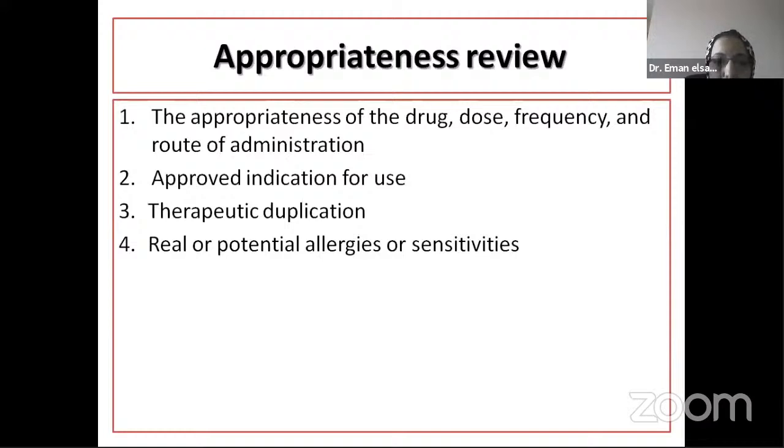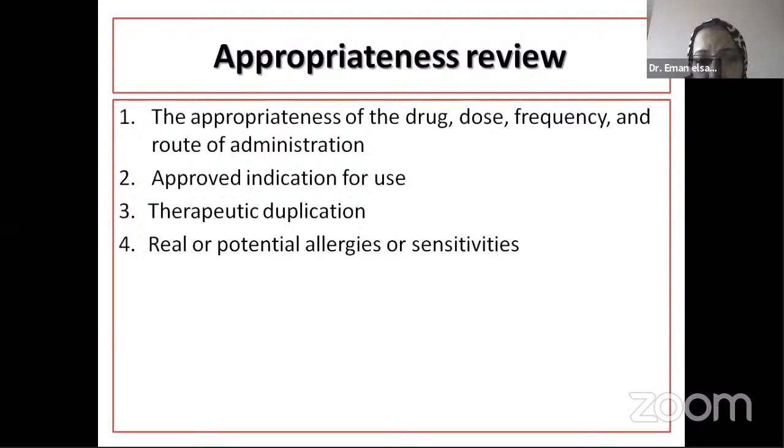And that's why the documentation of any allergy should be in the patient file, electronic or on the medical file. Why did we mention real or potential? Because some types of allergy are mild. So maybe the patient needs this medication, so we cannot prevent the patient from taking it. Maybe it's critical for him to take it.